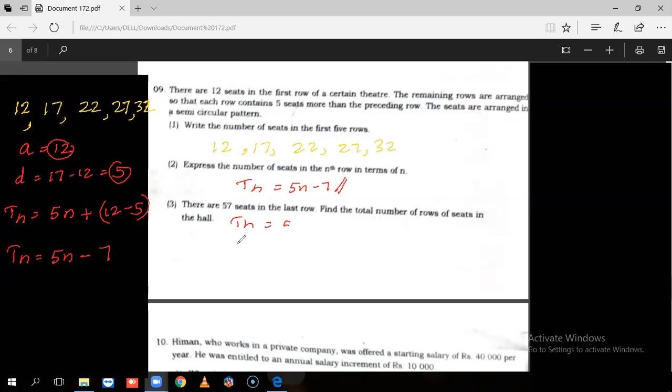Then you can write 5n minus 7 equals 57. Solve this one. 5n equals 57. We have to take this minus 7 to the other side, so we have to add.